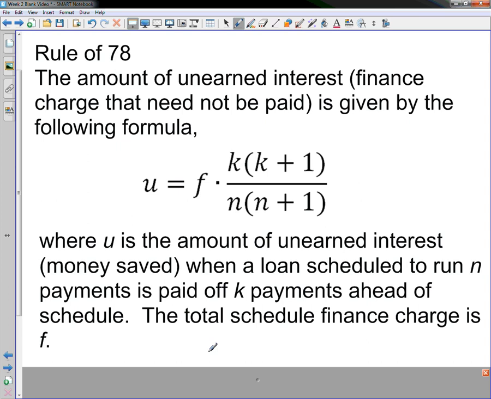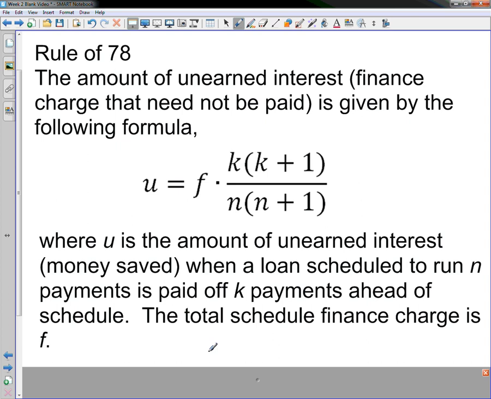Okay, welcome back. So we have a formula for the amount of unearned interest, finance charges that need not be paid. So this is money you would be saving by paying something off early. Okay, so U is the amount of unearned interest, money saved.